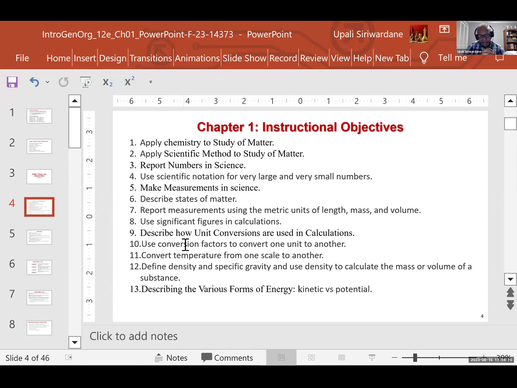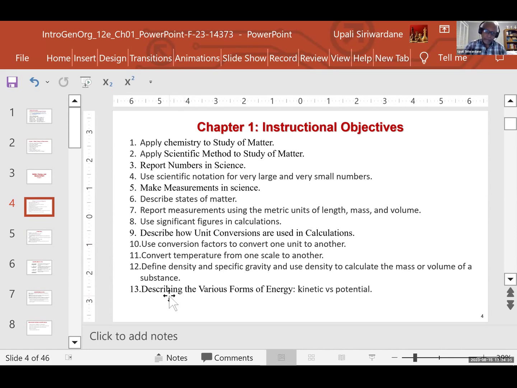Then how we convert units to different units, unit conversion. Unit conversion factors are used with multiplication to get the second unit that you are looking for. You should be able to convert temperature units to different scales, for example Fahrenheit to Celsius.